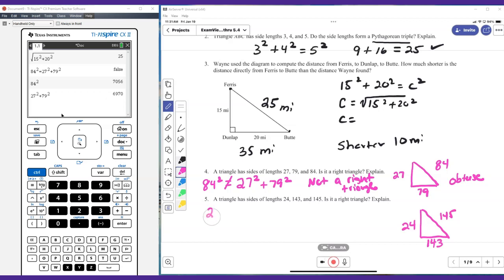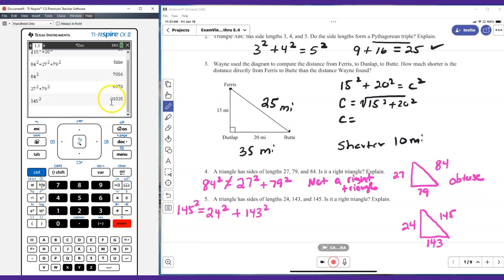So you have 24 squared plus 143 squared should equal 145 squared. So let me go to the calculator. So we have 145 squared. Enter. So it's 21,025. 24 squared plus 143 squared is 21,025. So it's a right triangle.